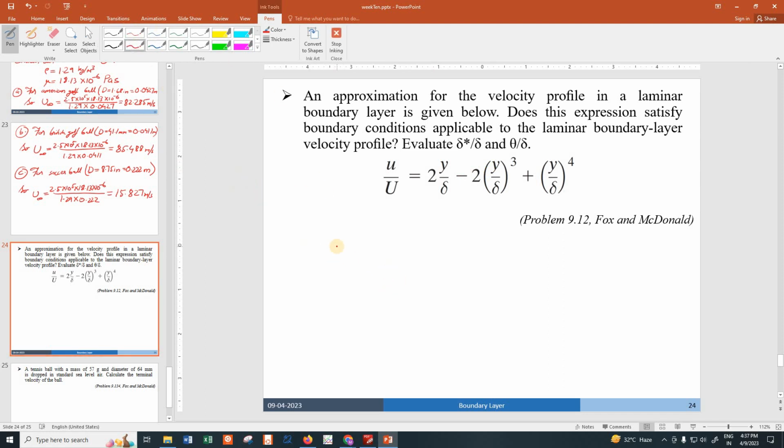So the boundary conditions are no slip and free slip. The no slip boundary condition states that the velocity should be zero at y is equal to zero, and the free slip boundary condition states that at y is equal to delta there should be no gradient in the velocity.